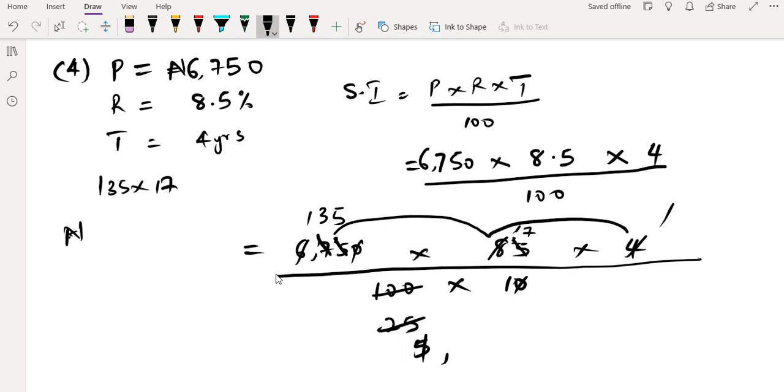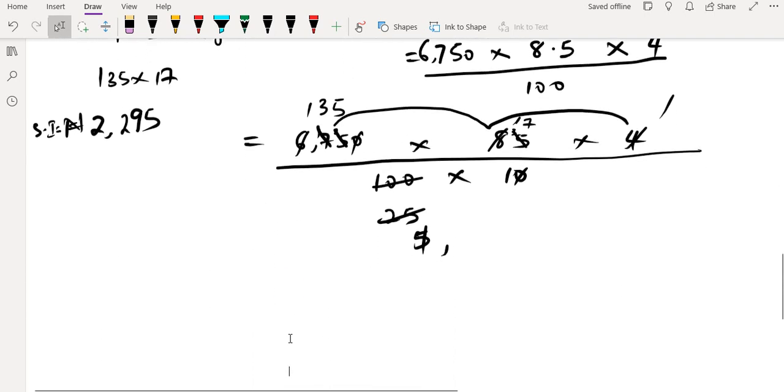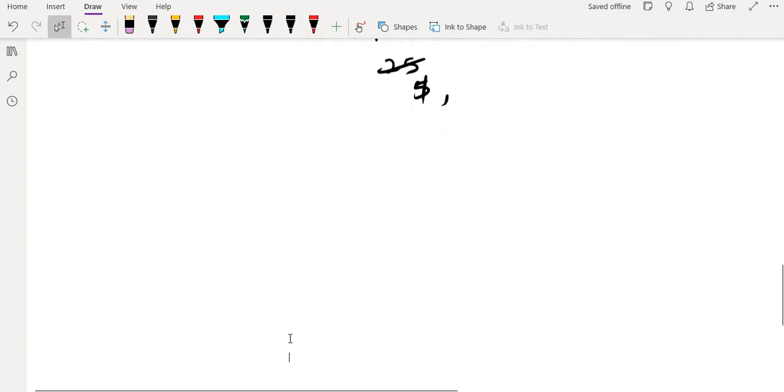Please, when you multiplied, what did you get? 2,295. So that's the simple interest. But they are asking for amount. So how do you get amount? Take, I can't hear your voice and that mic is with you. Tega, how do we get amount?